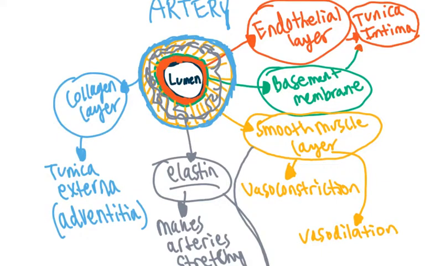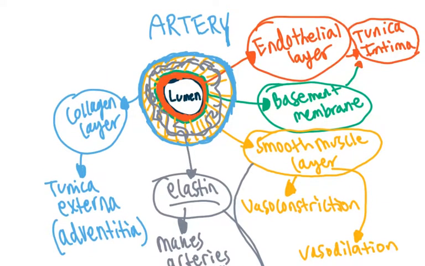Now, what I was about to say is that it depends on the size. If our artery blood vessel is a big artery blood vessel, then we're going to have actually smaller blood vessels supplying our tunica externa layer. So it's kind of weird. We have a blood vessel supplying a blood vessel, but it's supplying the most outer layer of the blood vessel.